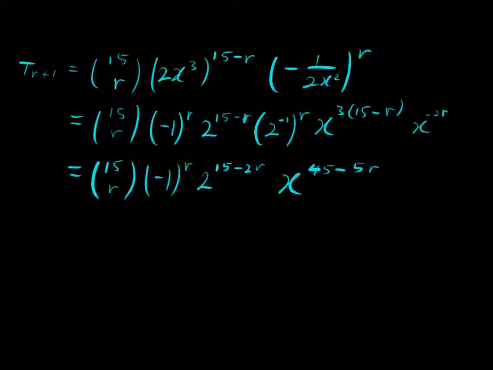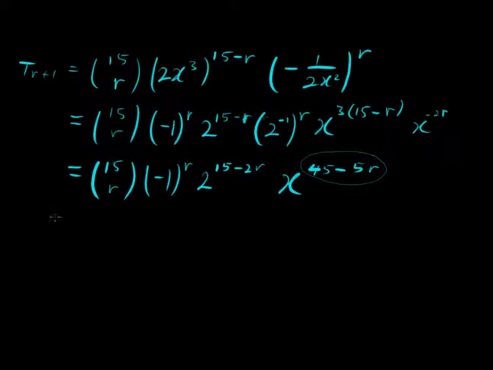Alright, since we are only interested in the term which doesn't have the dependence on x, the condition for that is that this power has to be equal to 0, so that x to the power of 0 is equal to 1, which doesn't depend on x.